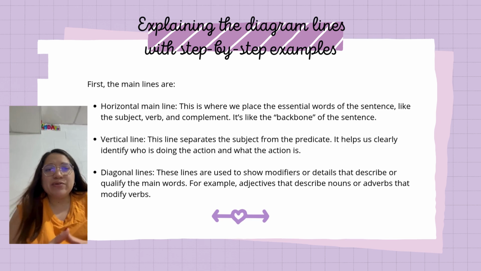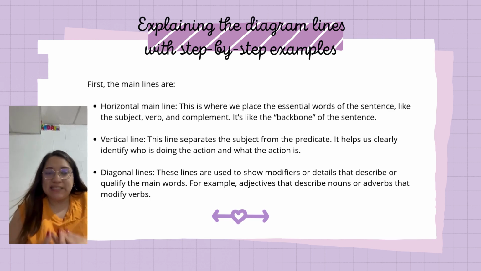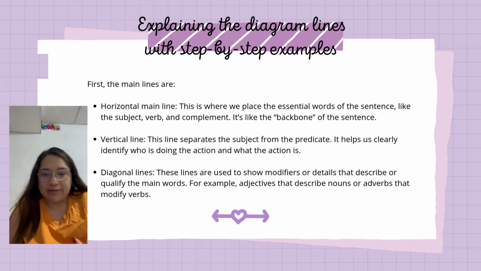It helps you clearly identify who is doing the action and what the action is. Diagonal lines: these lines are used to show modifiers or details that describe or qualify the main words, for example, adjectives that describe nouns or adverbs that modify verbs.